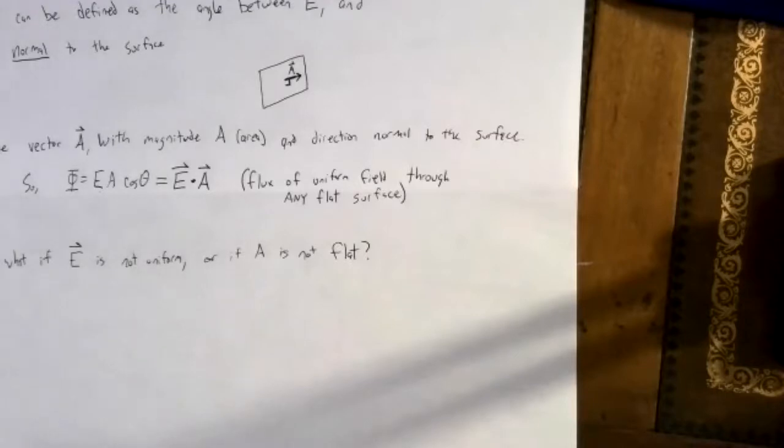So in general, if we have a non-uniform field or a non-flat surface, we break that surface up into lots of small, approximately flat pieces, and we find the flux through each of them and add them up. If you zoom in close enough, any part of a surface will look flat.